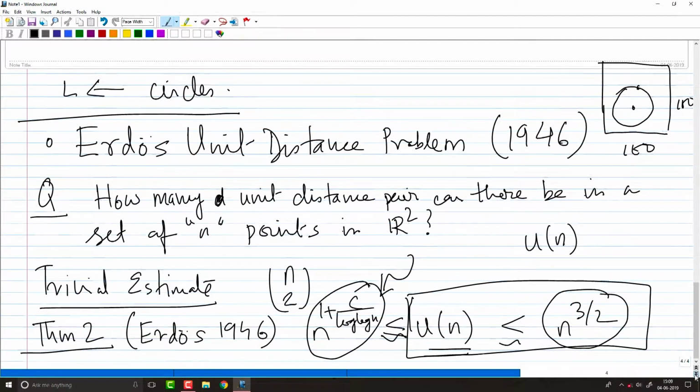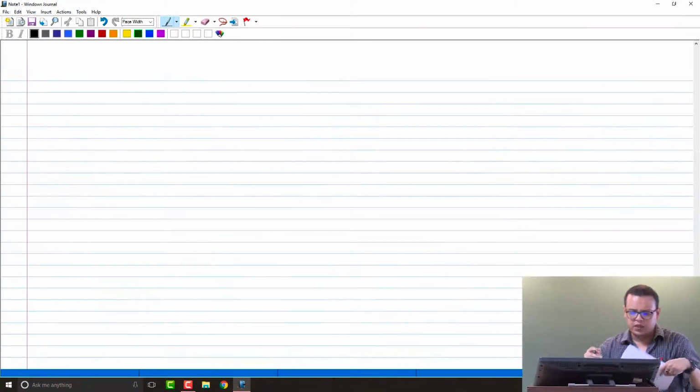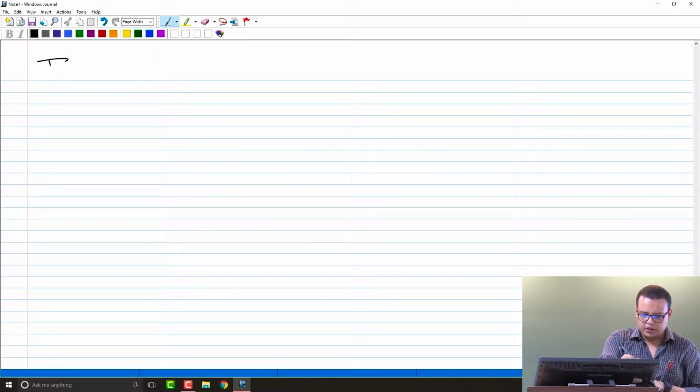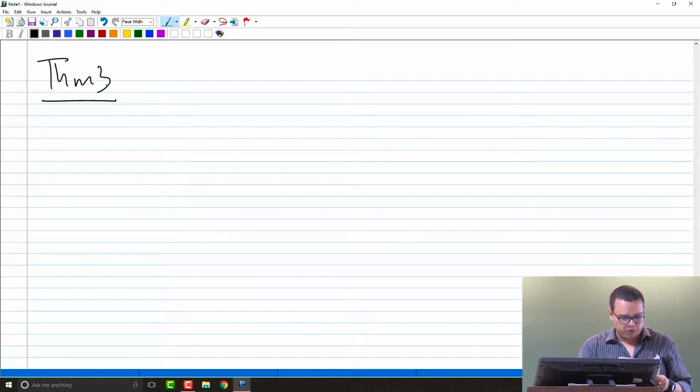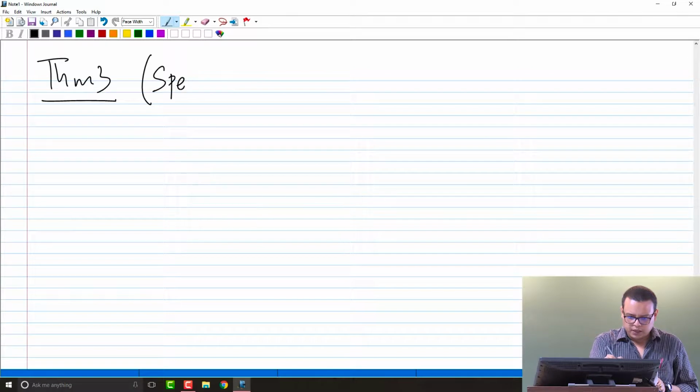So what we will be seeing again in this class is that Erdős's bound has been improved. It was improved by Szemerédi. It will use what is called the Szemerédi–Trotter theorem, which I will call the ST theorem. It was improved using the ST theorem, by Spencer, Szemerédi and Trotter. This is Joel Spencer.